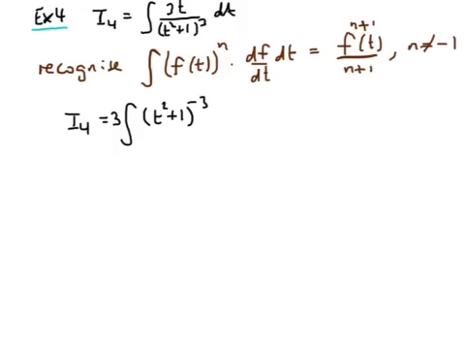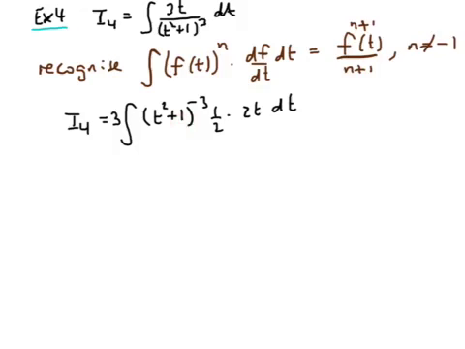And then we are left here with a factor of t, and what I can do is I can recognise that t is a half times 2t integrated with respect to t. So again, all I've done here is I've put in a factor of 1, and the factor of 2 here is because 2t is the derivative of t squared plus 1.